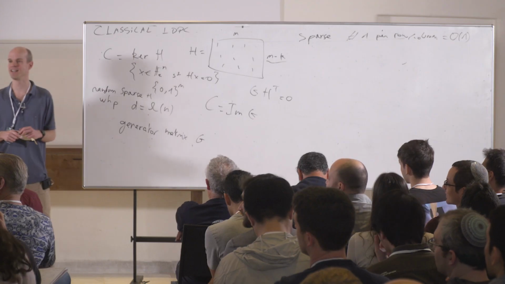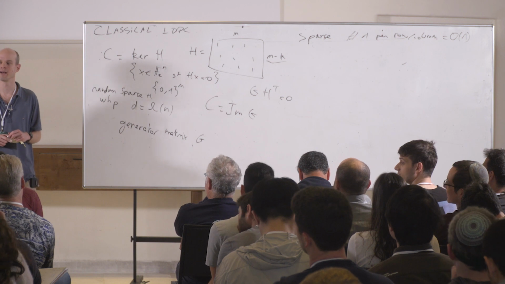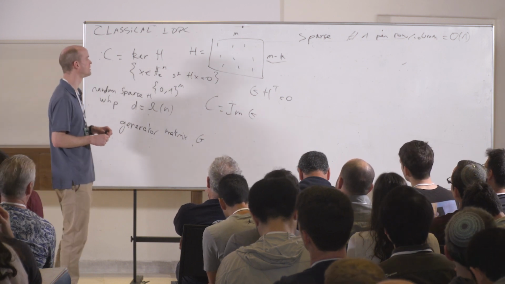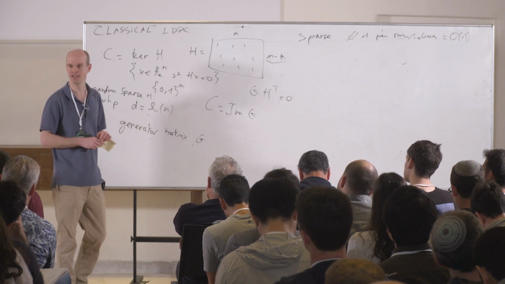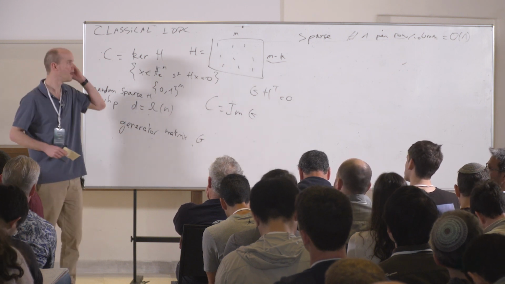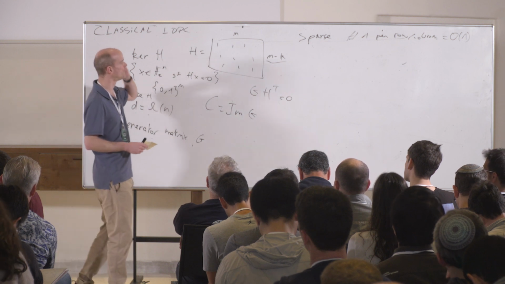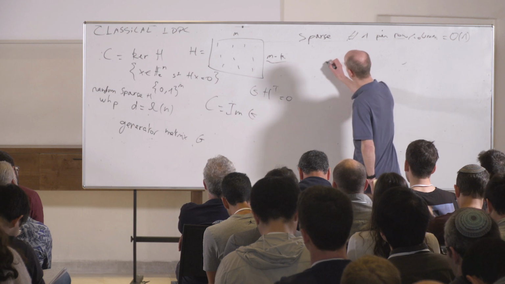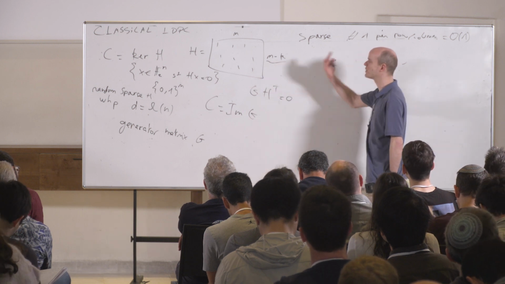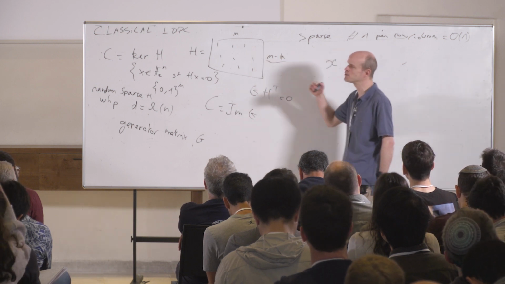Why is it important for a classical code to be sparse? Okay, so why is it good to be sparse? One good reason is decoding. In the classical setting, codes are used for communication.